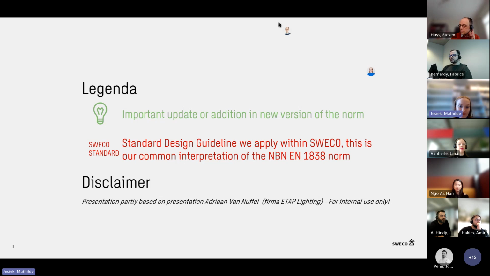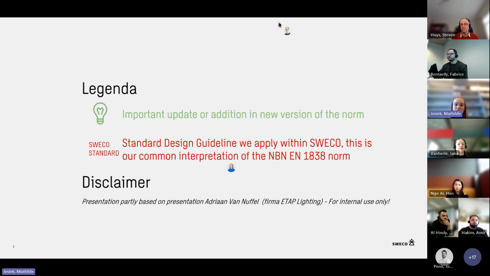Then the red text, we call it the Sweco standards, because the norm is a rather short document. It's not always 100% clear what they mean. So we have sometimes made a kind of interpretation or set a guideline. Okay, the norm says this, but to be on the safe side, we will do it like this.